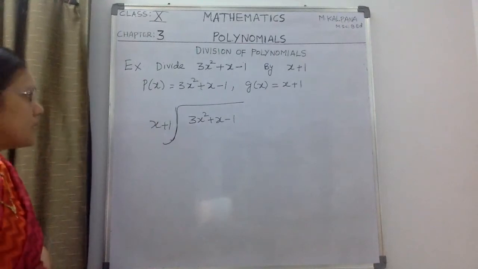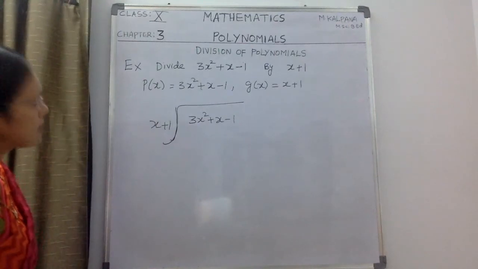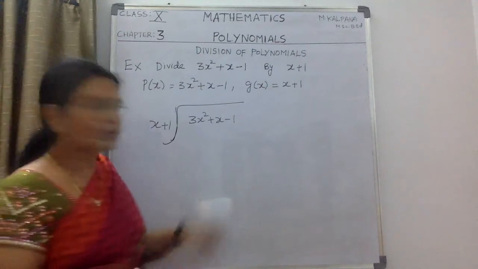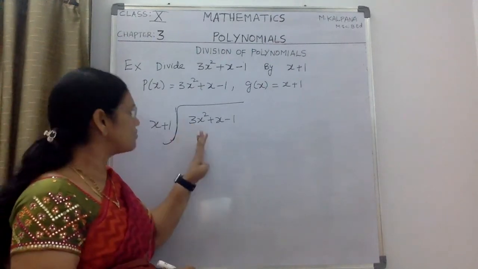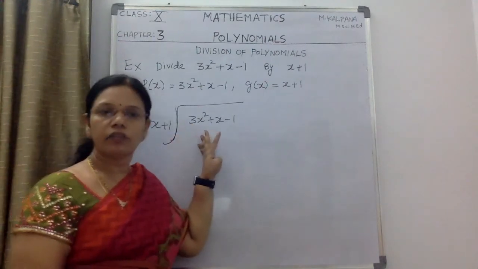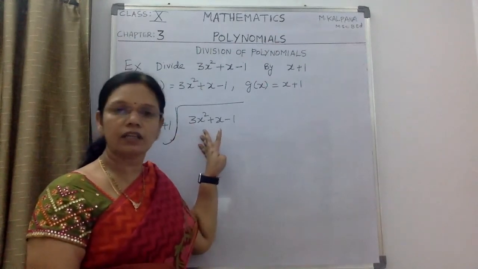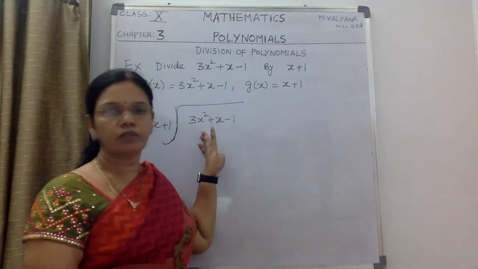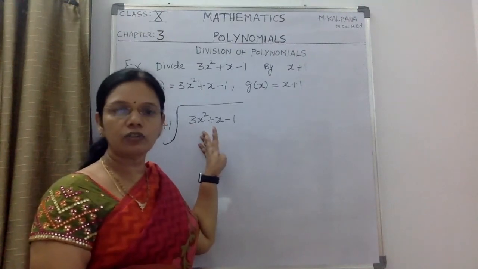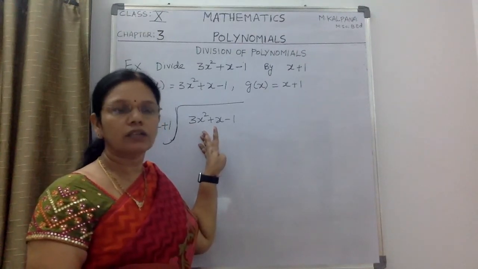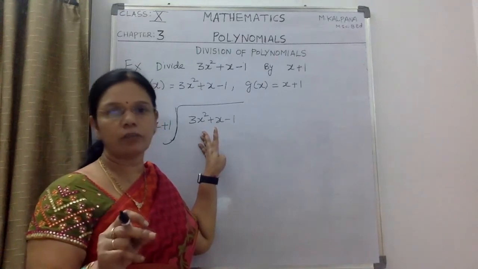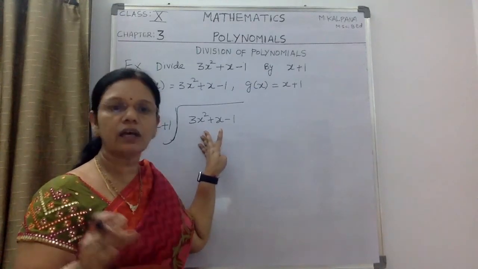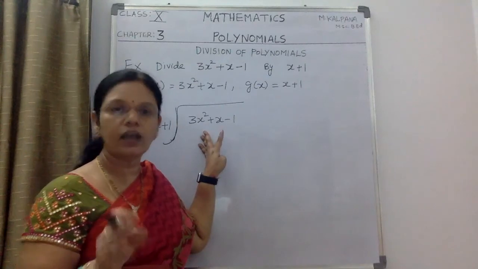So step by step we have to follow the process here. First of all, we have to look at whether the given polynomials are in the standard form or not. Standard form means the polynomial should be in the form such that the degree of each term of the polynomial must be in gradually decreasing order.